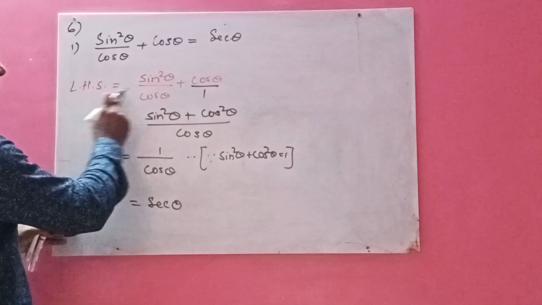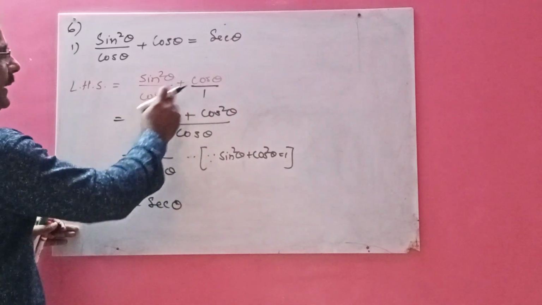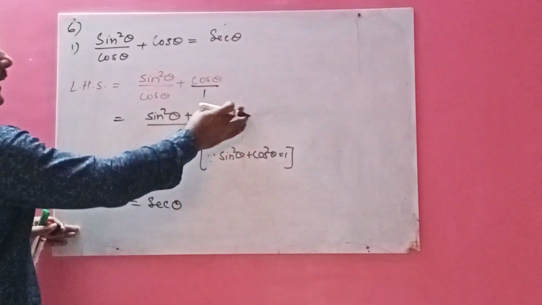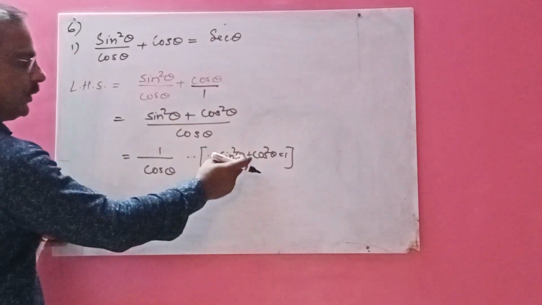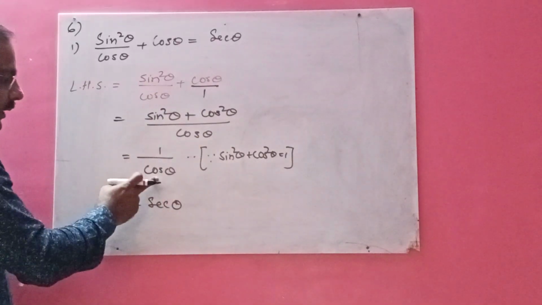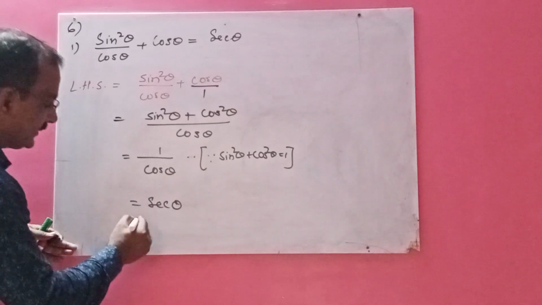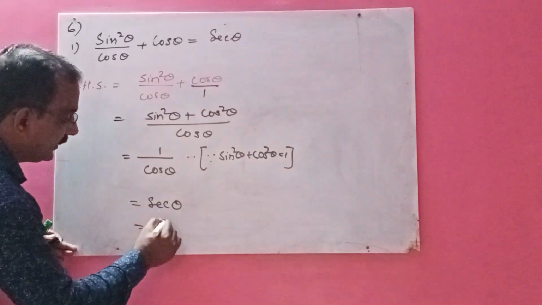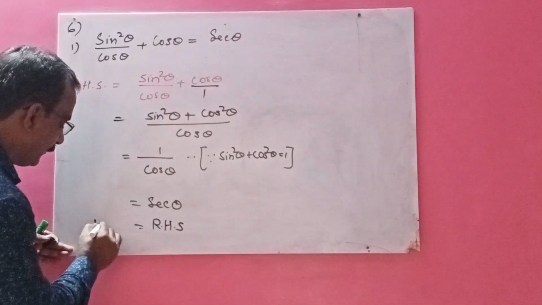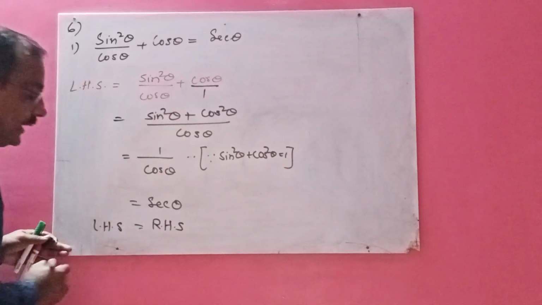I have taken the left hand side. By cross multiplication first you will get this, and this is equal to 1, because of this reason. And you know that 1 upon cos theta is sec theta. This is your right hand side. Therefore LHS is equal to RHS.